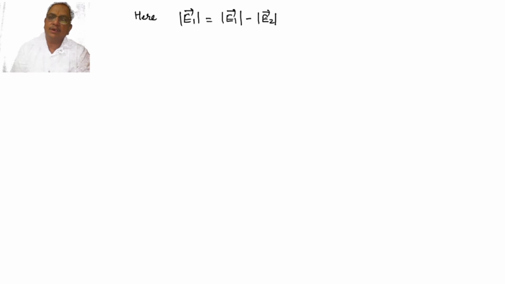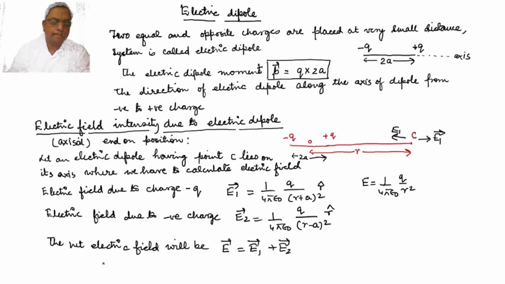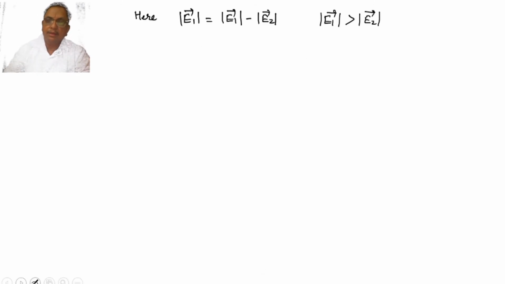Why is it like this? Because, let's see, E1 value has R plus A and E2 value has R minus A. Then certainly there is a mistake. It will be E2 minus E1 in place of E1 minus E2.